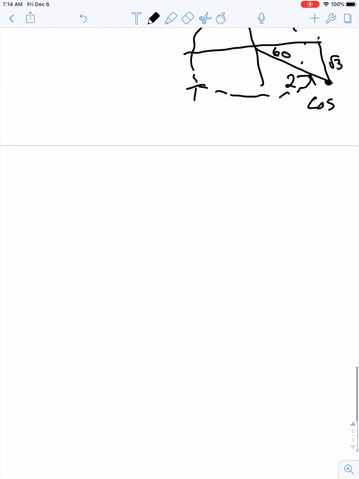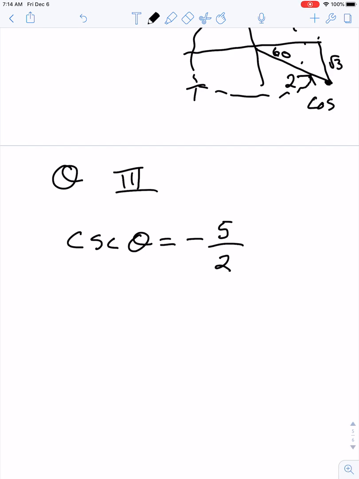All right, another trig question. Let theta be an angle in quadrant 3. So theta is in quadrant 3, and cosecant theta is equal to -5 halves. Find the exact values of tangent theta and cosine theta.